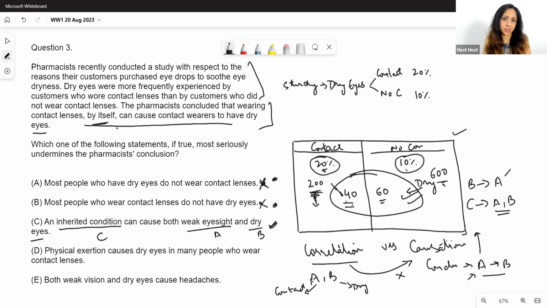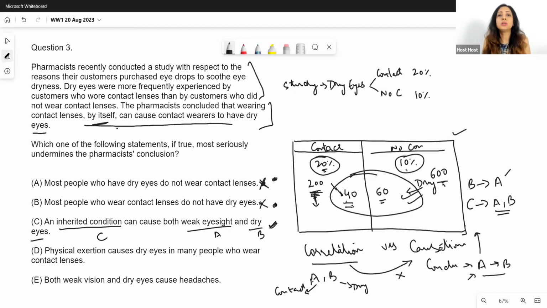Now, there are multiple reasons why this answer is incorrect. First of all, physical exertion causing dry eyes does not mean that contact lenses are not causing dry eyes, right? There could be multiple causes. Physical exertion could be another cause for dry eyes in contact lens wearers, and contact lenses themselves could be causing dry eyes as well. Also, this option does not say that physical exertion does not cause dry eyes in people who do not wear contact lenses.